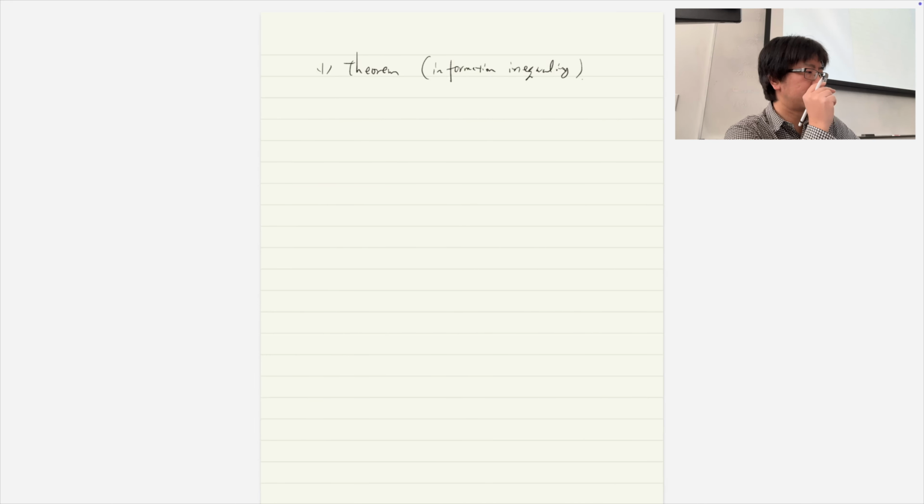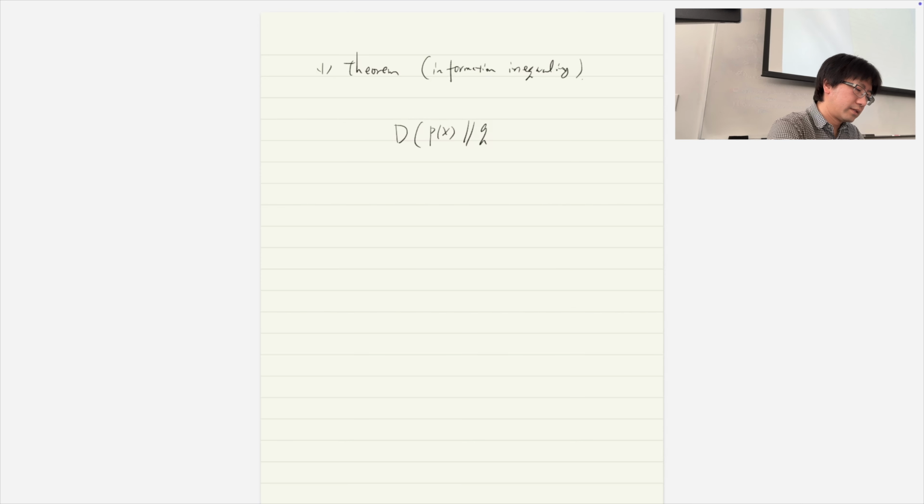Which inequality is this? The one that we proved before, hopefully you still remember. The relative entropy between Px and Qx is bigger than or equal to 0. We want to prove that, and obviously we let Px and Qx be two PMFs.